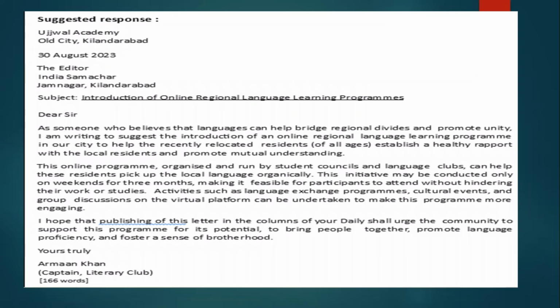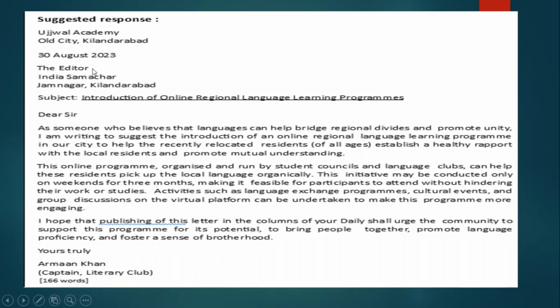So what is our purpose to write letter to the editor? Generally, it is to create awareness about certain things, bring certain things to the notice of higher authorities or concerned authorities. So when you write letter to editor, your purpose is the editor publishes your views in his newspaper.